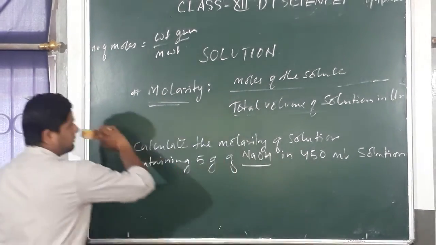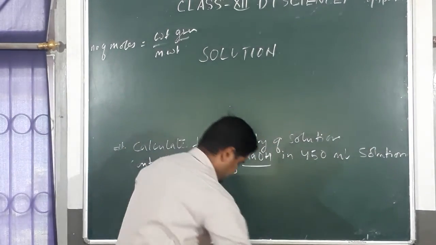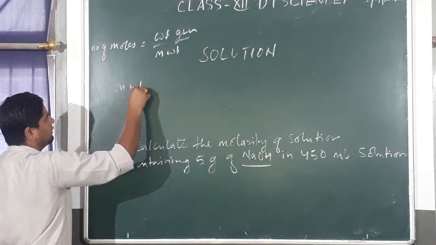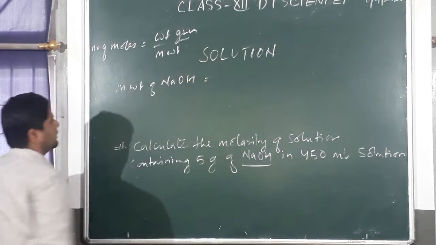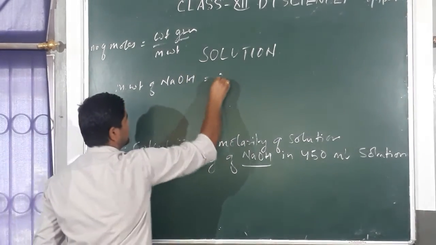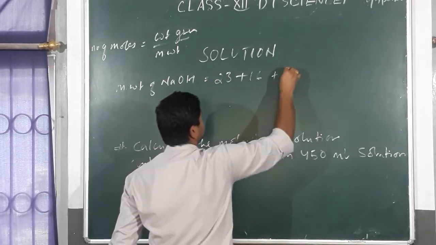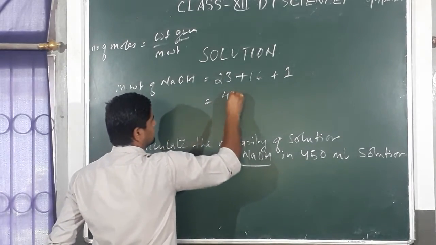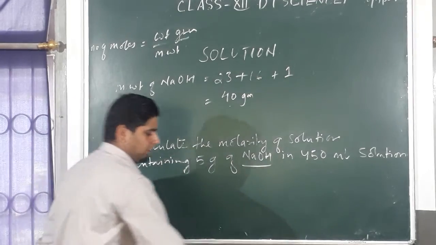Let me write this formula. Let us first find the molecular weight of NaOH. Na 23 plus O 16 plus H 1. How much? 40 gram.